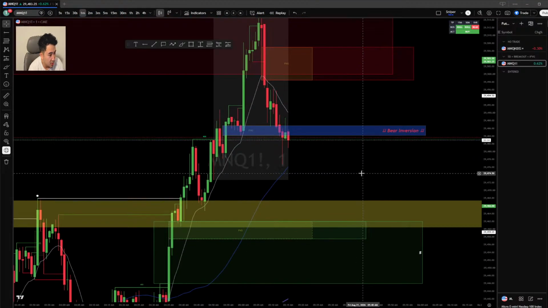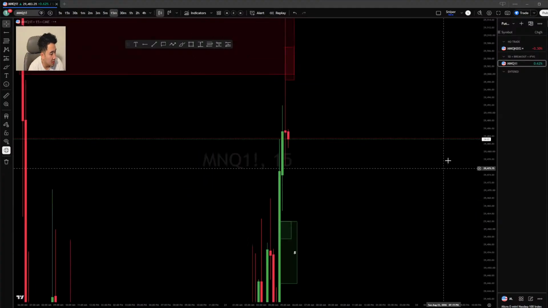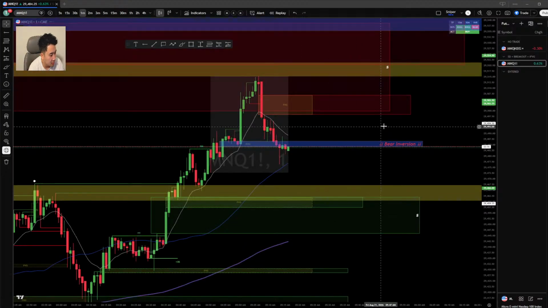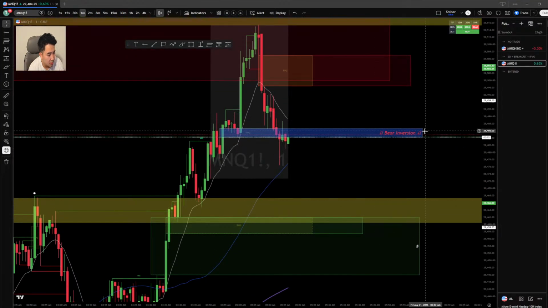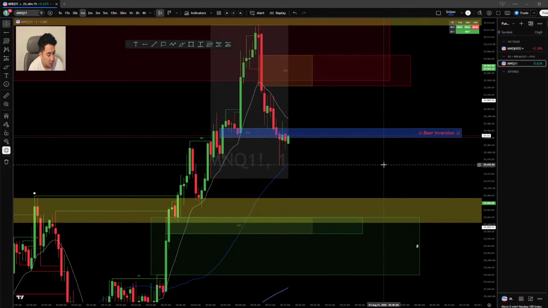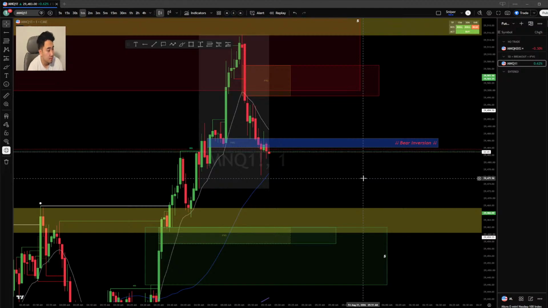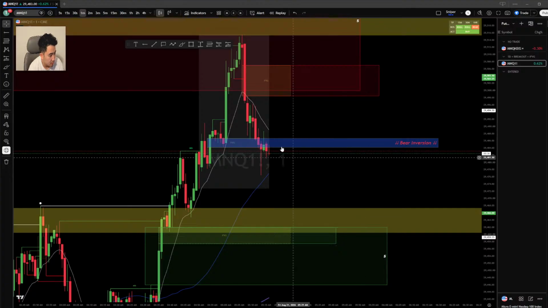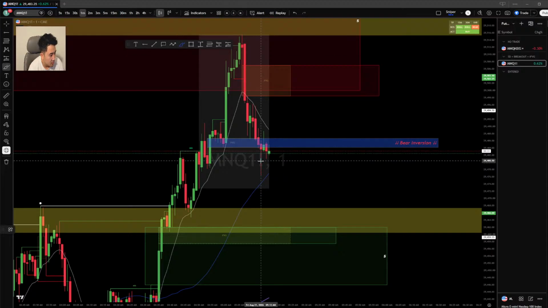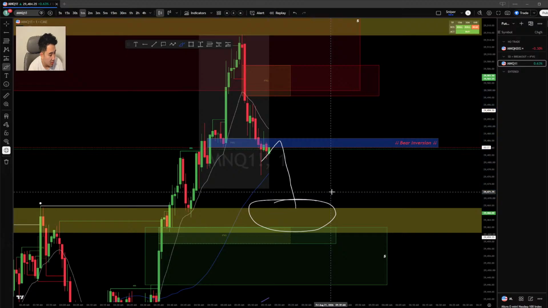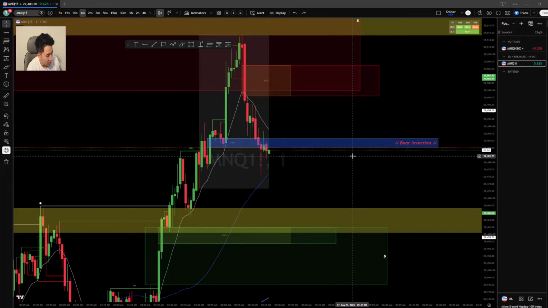EMAs, SMAs are still bullish. 15-minute, 30-minute time frame, still bullish overall. Yeah, see if it drops from here and then retests here, and maybe it'll go back up. Sweet. Let's wait and see what happens.